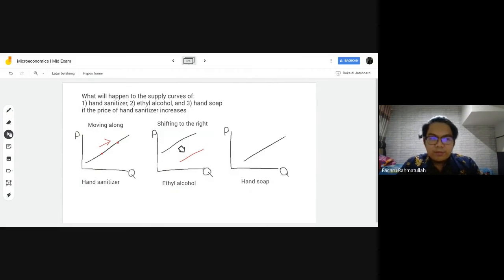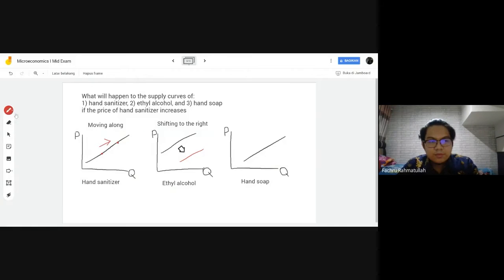And what happened to the hand soap curve? The substitute of hand soap is hand sanitizer, or vice versa. So it means that if the hand sanitizer price is increasing, this quantity will be decreased due to the substitute product.